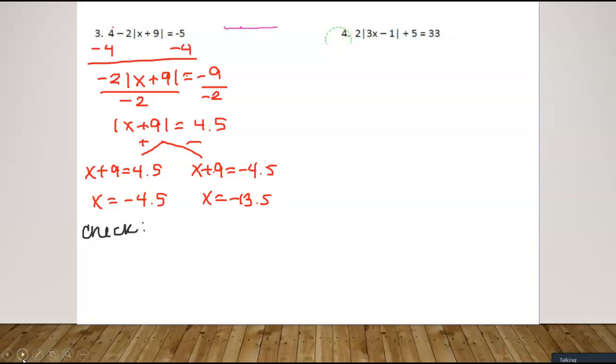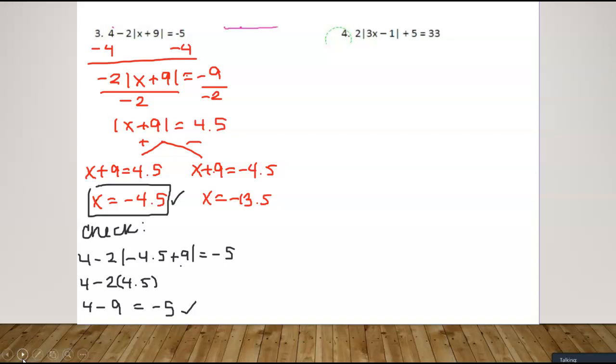And you can check anywhere you want, but I always suggest checking with the original problem. So -4.5 plus 9 is 4.5. Two times 4.5 is -9. So 4 minus 9 is in fact -5.